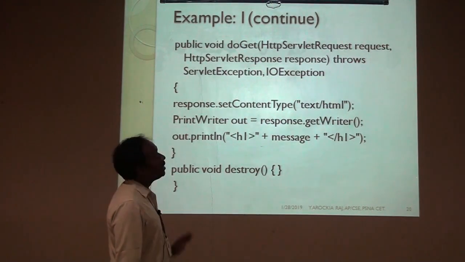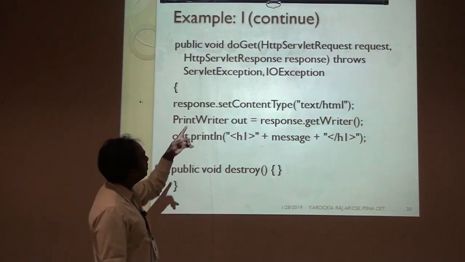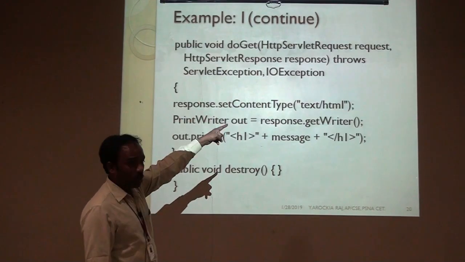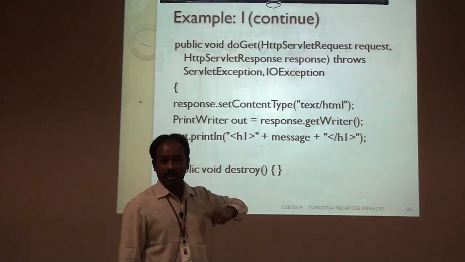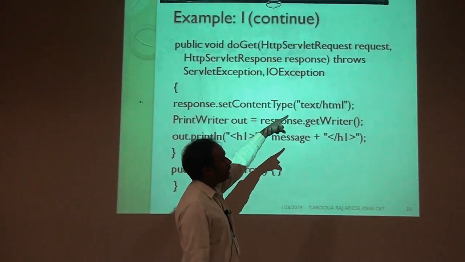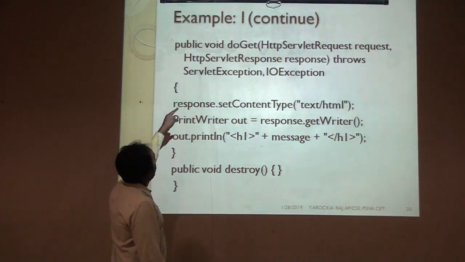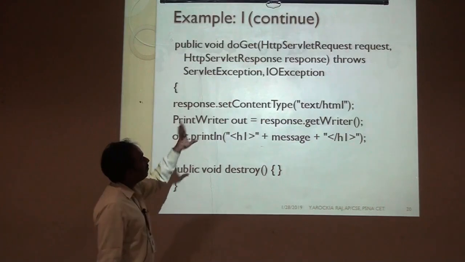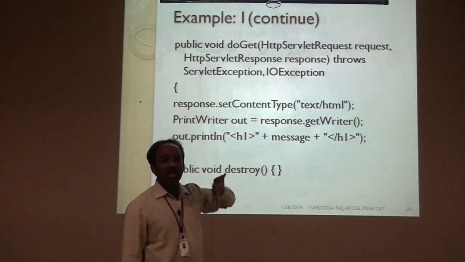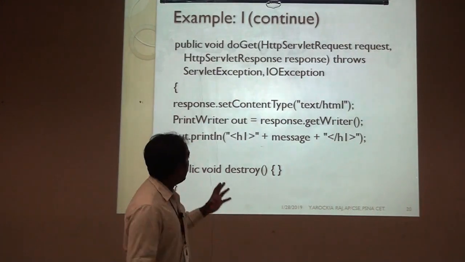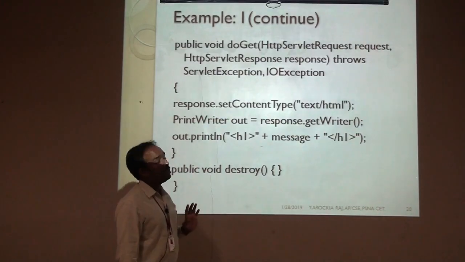The doGet method has two parameters we already discussed: HttpServletRequest, which is the request received from the client, and that request object has all the data received from the client, and then HttpServletResponse. The response is an object to which the data we create here will be returned.